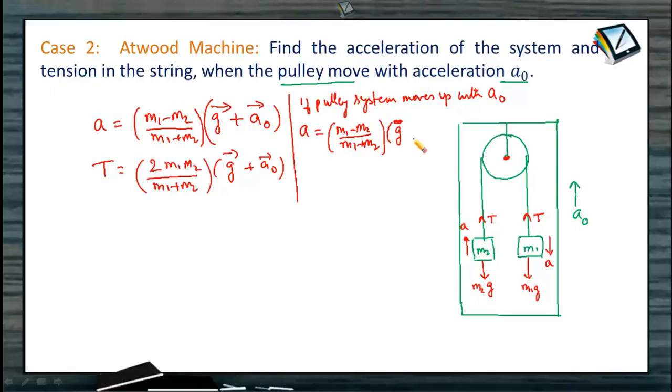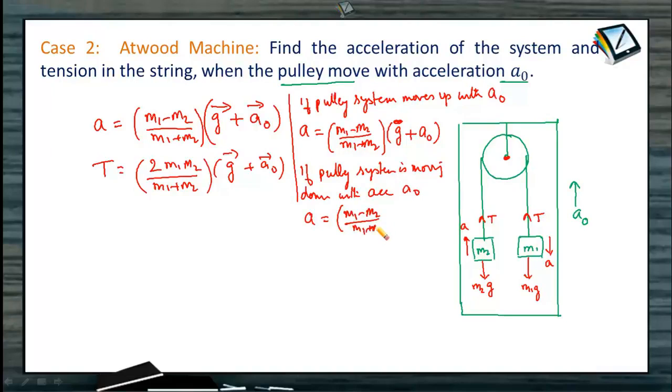Since it is moving up, it is G plus A0. And if the pulley system is moving down with acceleration A0, then the acceleration of each body will be (M1 minus M2) by (M1 plus M2) into (G minus A0).